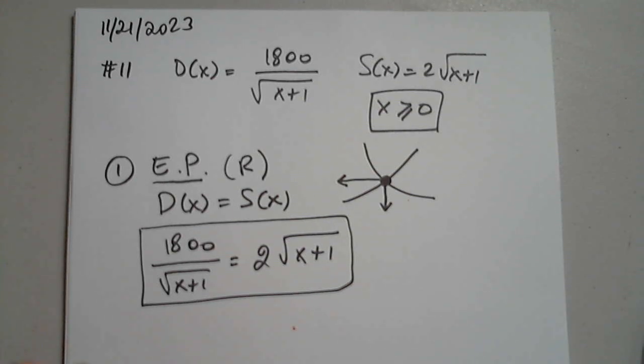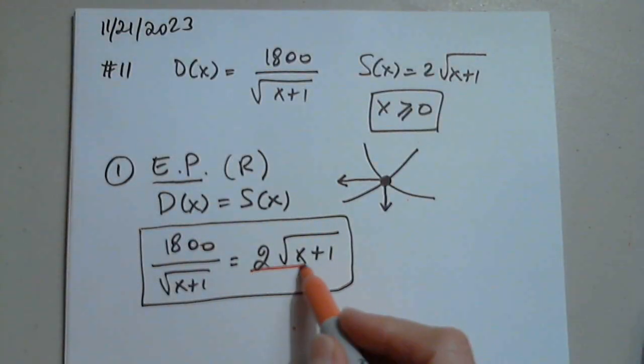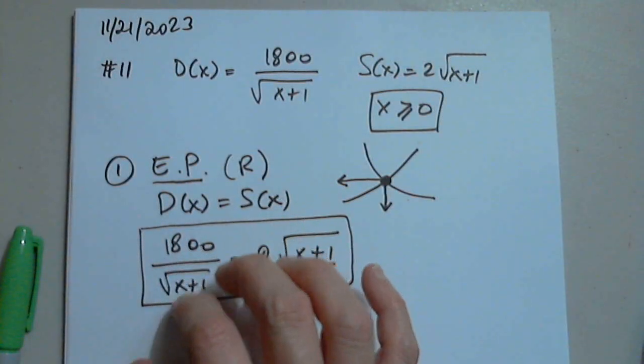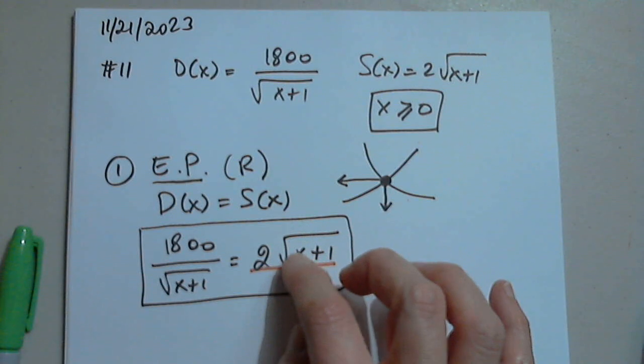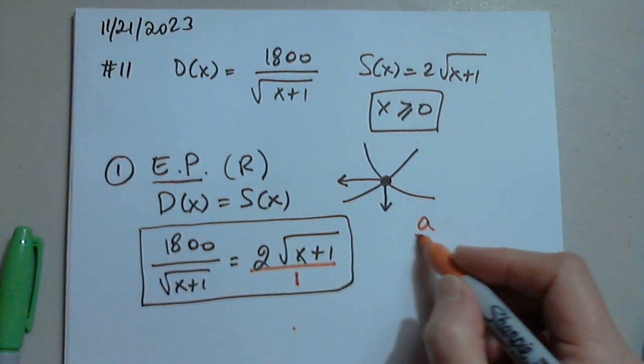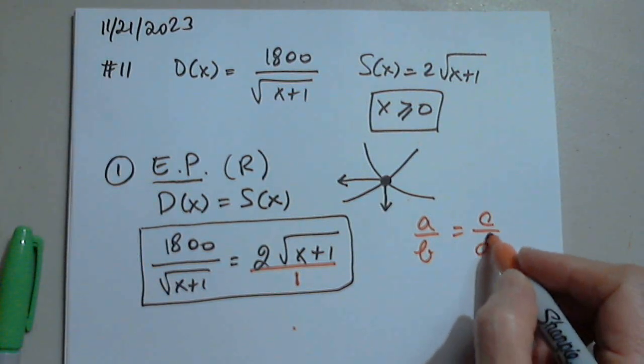Well, notice one thing here, that this is over 1. Does that ring a bell? Any suggestion now, knowing that the denominator here is 1? So I have a fraction on one side, the equal symbol, and another fraction on the other. So this is something like a over b equals c over d.